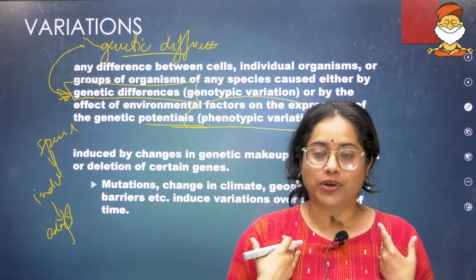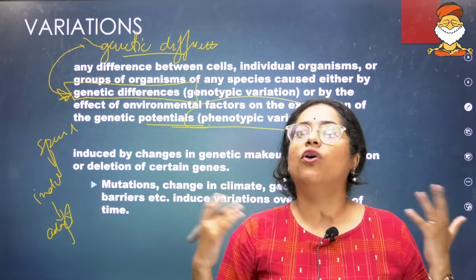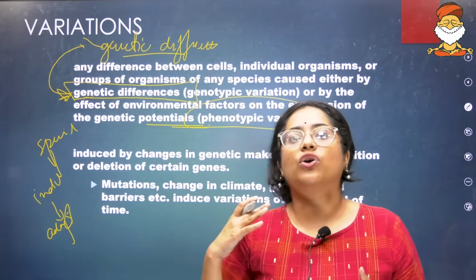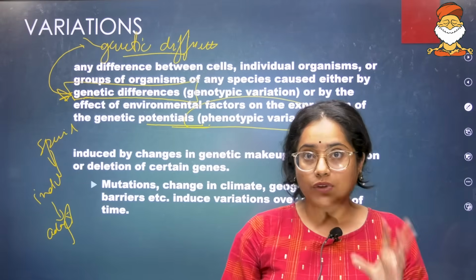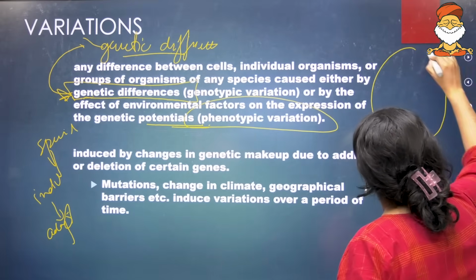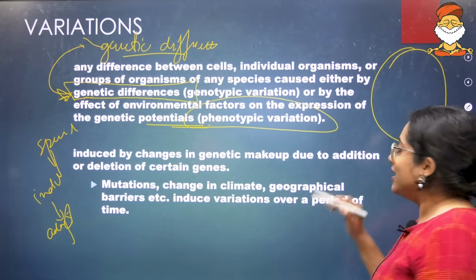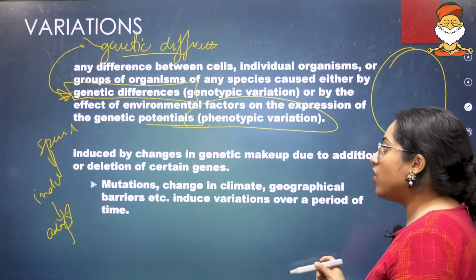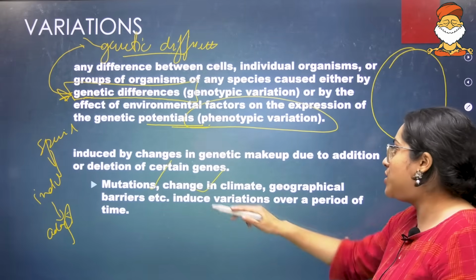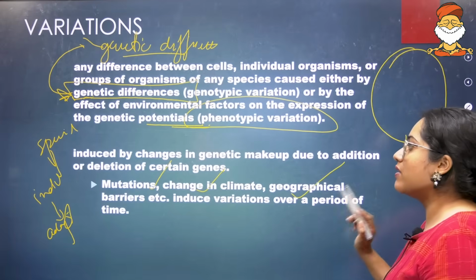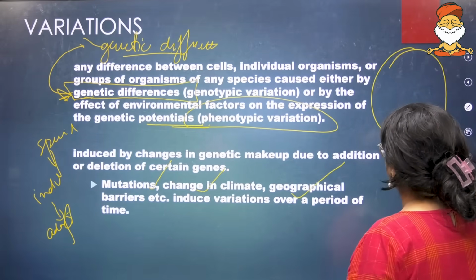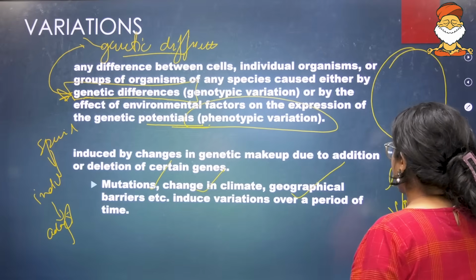For example, I'm a human, there's another human. We have a lot of genetic differences based on the environment we are in, based on our parents, etc. Okay, genetic variations are already a large set. Genetic variations can be caused by changing of genes, mutations, change in climates, geographical barriers, etc. All of these things can cause genetic variations.